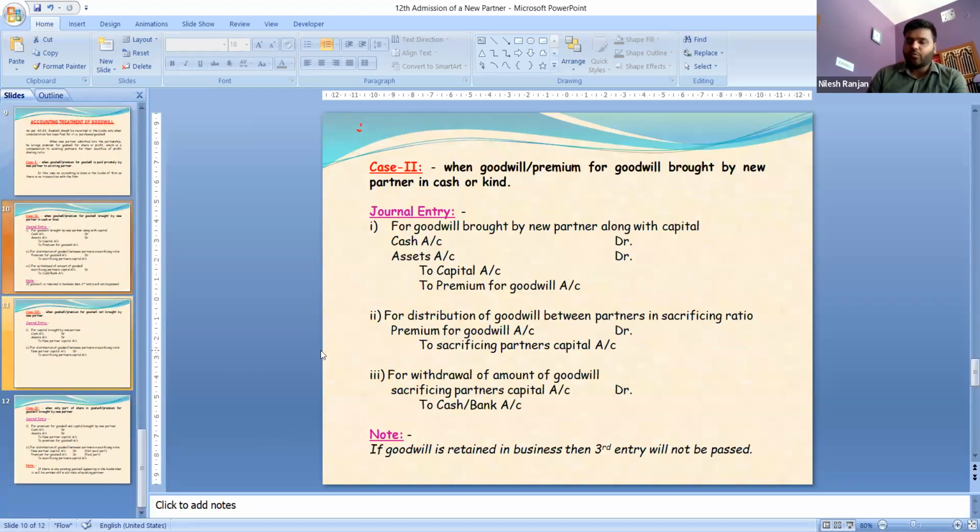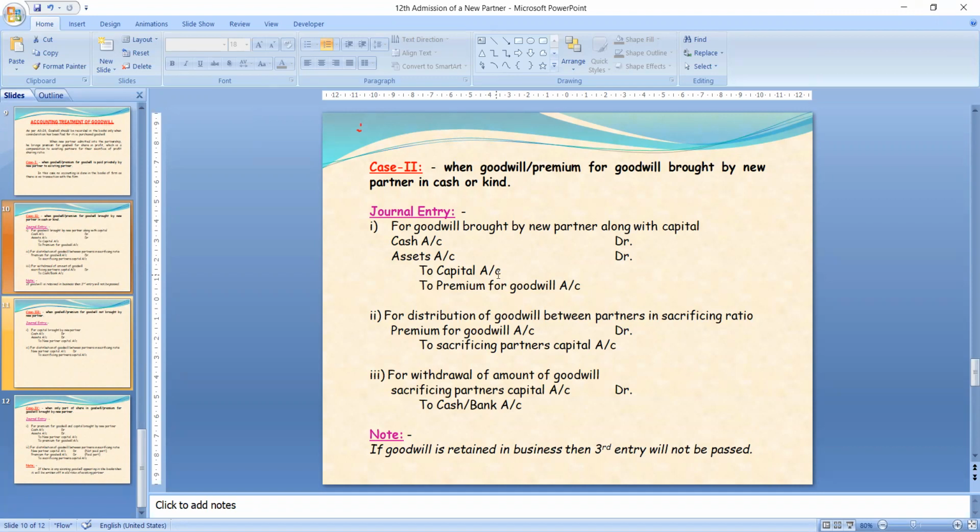If partners want to withdraw the goodwill amount from the business, then this entry will be passed. So after calculation, you will pass these journal entries. Sir, for withdrawal of goodwill, we debit the sacrificing partners' capital accounts and credit the cash account, right?